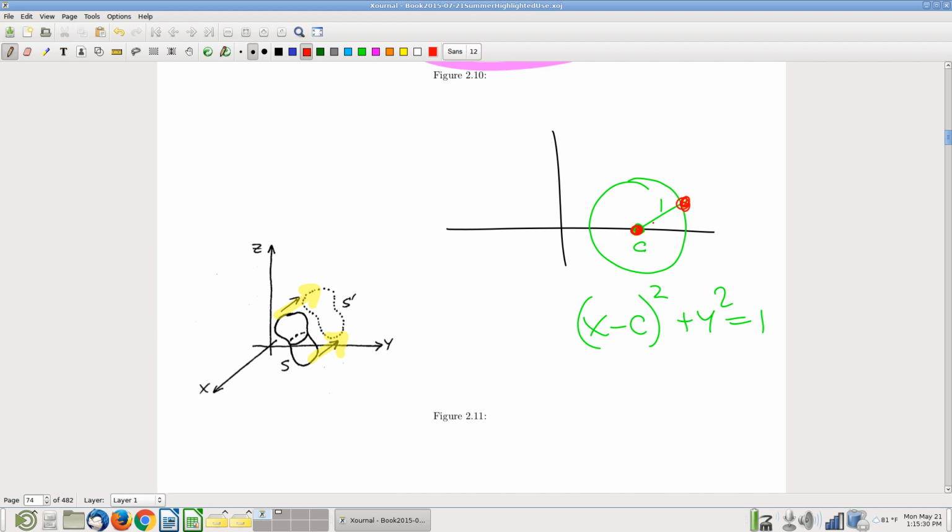This equation is exactly what I would have gotten if I had started with the unit circle and replaced x with x minus c. Does that move my unit circle in the minus direction? No, it moves it in the plus direction. It moves it in the backwards sort of direction as compared to what that sort of naively suggests. So, very relatable.